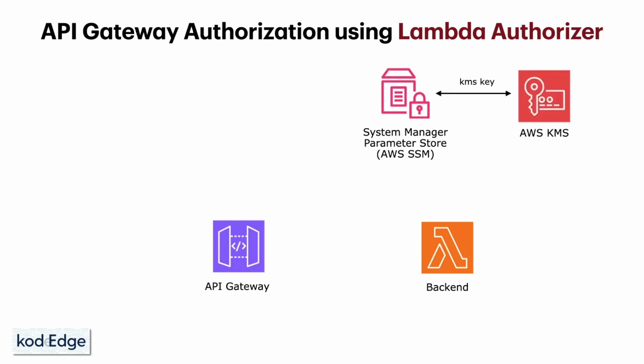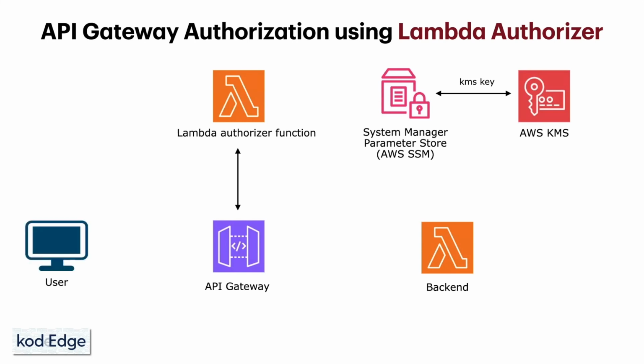After that, we will create one more Lambda function and we will use that Lambda function as a Lambda authorizer. Now, when the user requests the API from the API gateway, it will send the access token in the request header. API gateway will forward this access token to the Lambda authorizer, and the Lambda authorizer will fetch the access token from the SSM parameter store and match it with the token sent by the user.